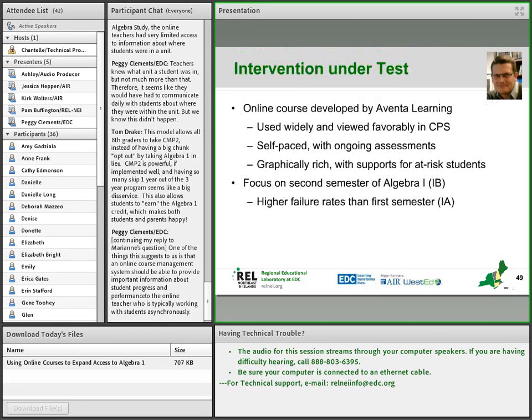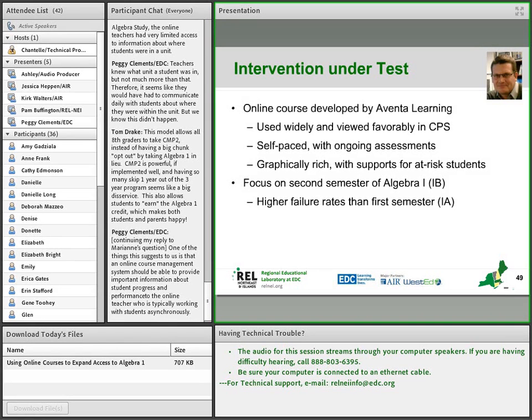So the intervention, the course that we're currently using in Chicago, is not the class.com course. It's a course developed by Aventa Learning, which has since been purchased by K-12. I'd say on the average it's pretty similar to the class.com course in terms of being an electronic textbook, in terms of having an online teacher, in terms of having different types of activities and resources like Jess mentioned.